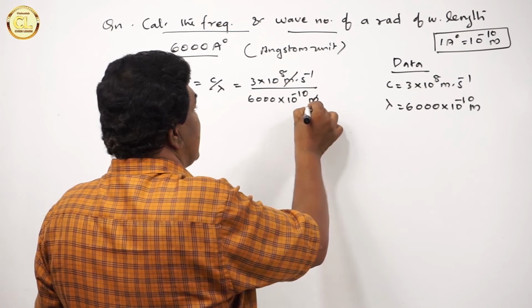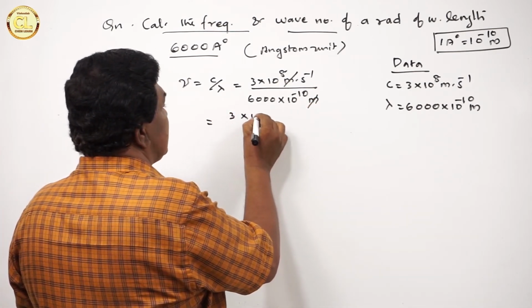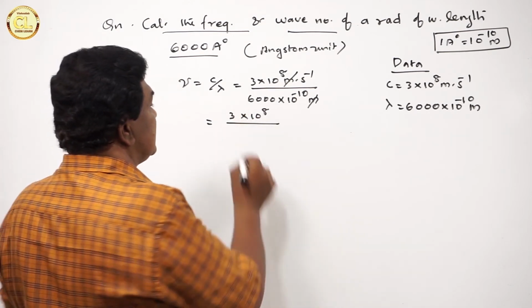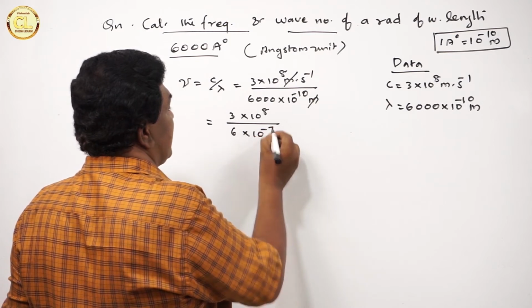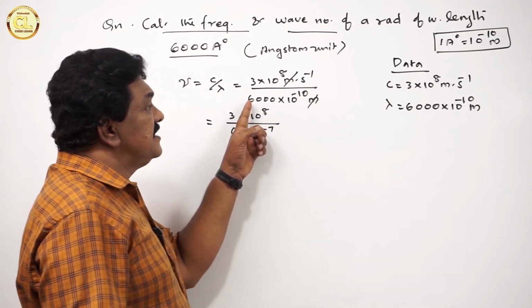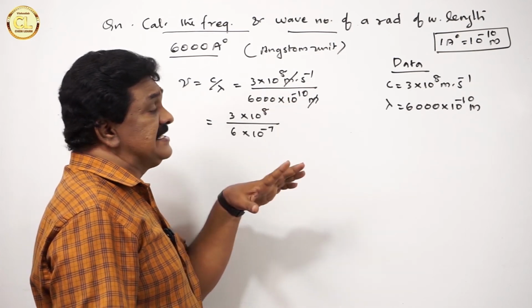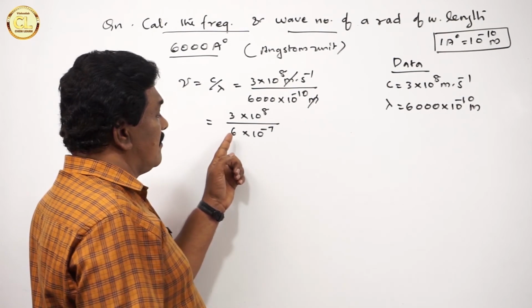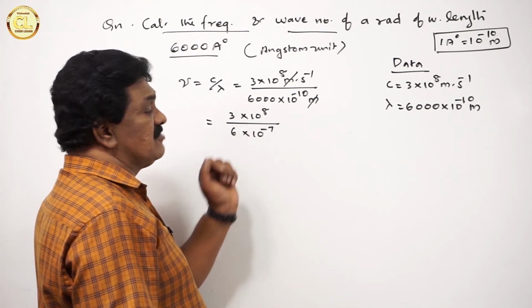Meter getting cancelled off, we get 3 into 10 raised to 8 divided by 6 into 10 raised to minus 7. This is 6 into 10 cube; 10 cube into 10 raised to minus 10 is equal to 10 raised to minus 7. That is why we wrote it as 6 into 10 raised to minus 7.